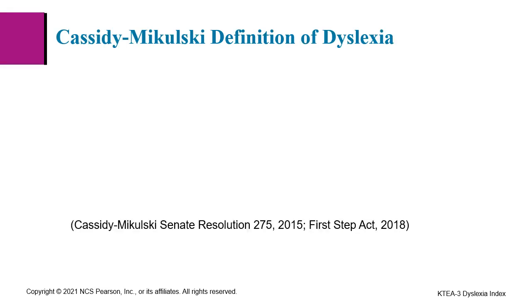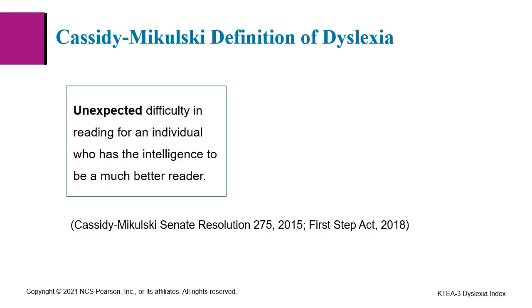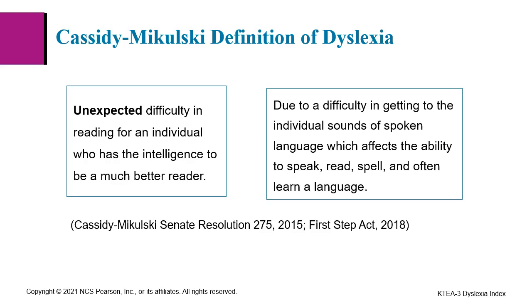In 2015, the U.S. Senate voted unanimously as part of the Cassidy-Mikulski Senate Resolution 275 to establish the following definition of dyslexia: an unexpected difficulty in reading for an individual who has the intelligence to be a much better reader, most commonly caused by a difficulty in the phonological processing, the appreciation of the individual's sounds of spoken language, which affects the ability of an individual to speak, read, and spell.